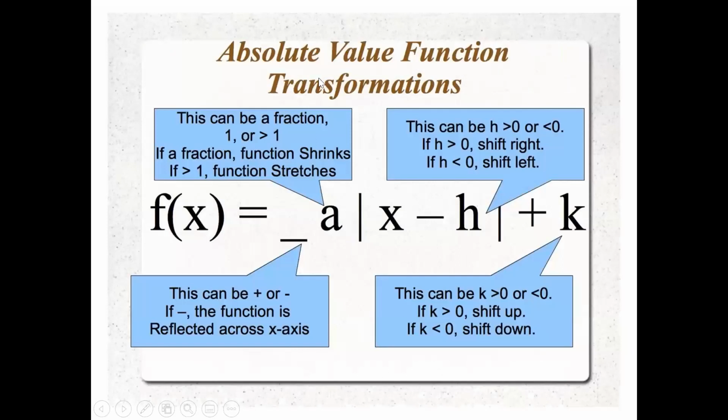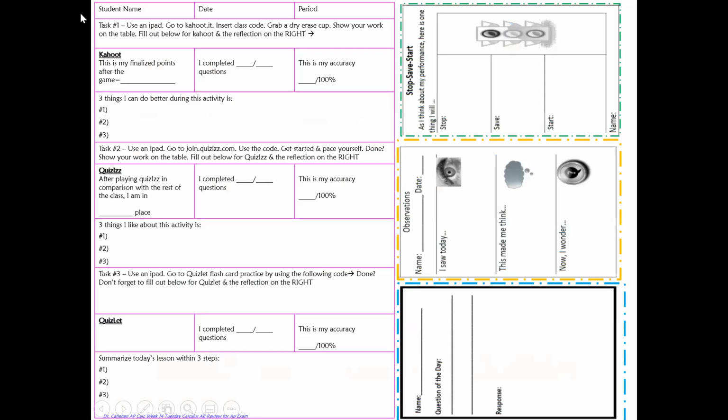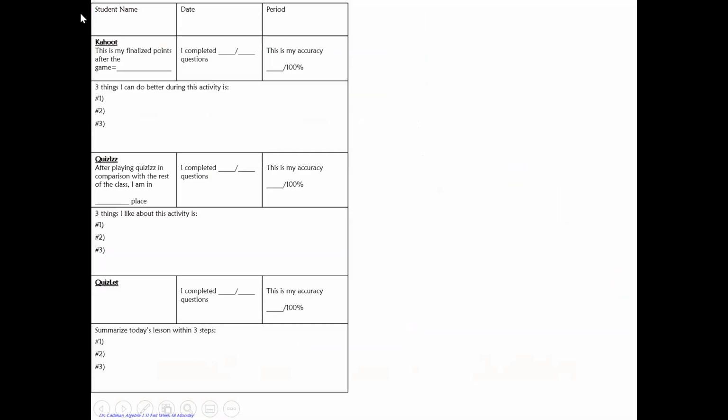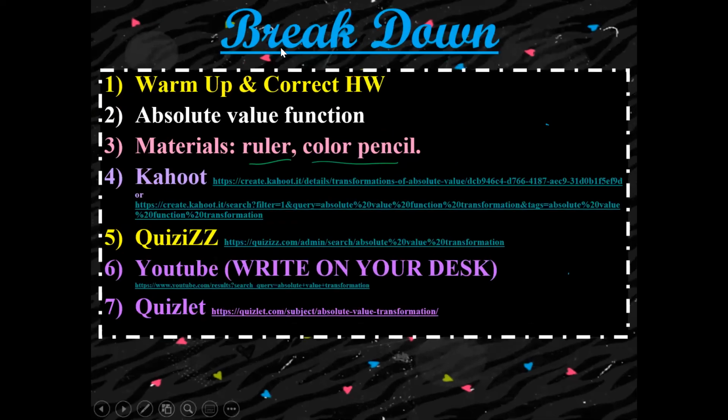So take a look at this formula here to see where the letters tell you which direction to go. All right, you guys. Now, you have several things that we can practice with in class, but at this point, I'm going to have you just do the Quizlet.